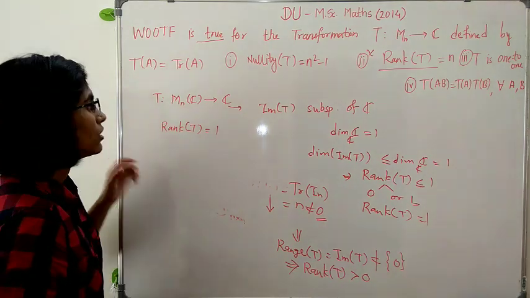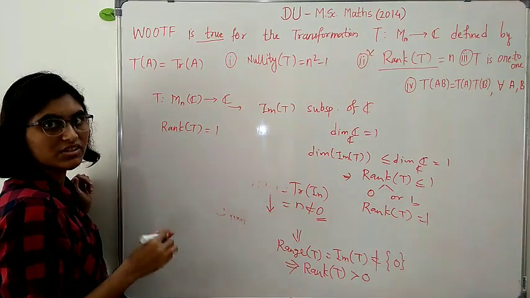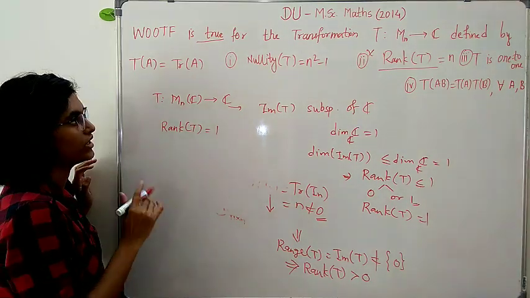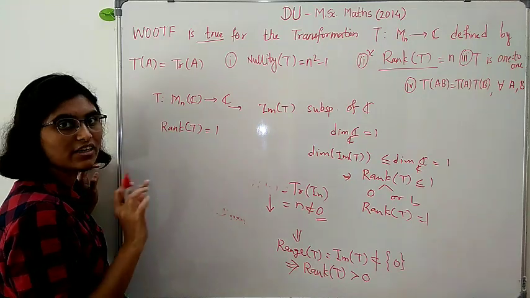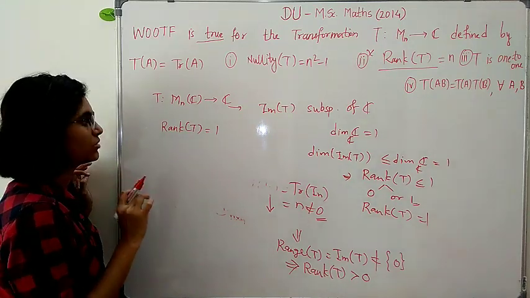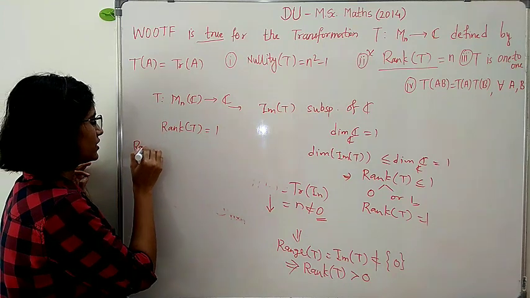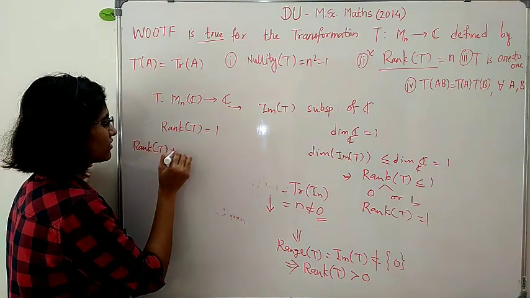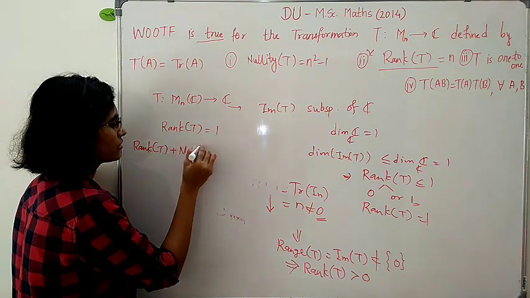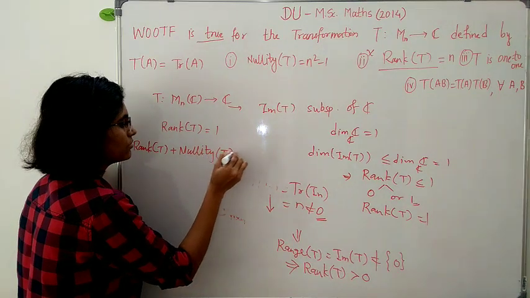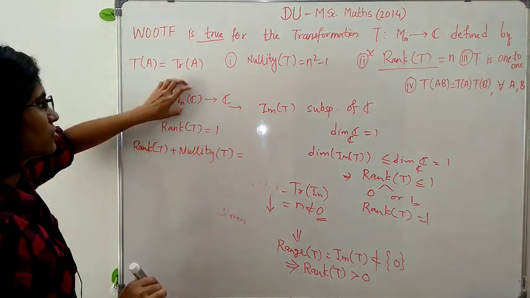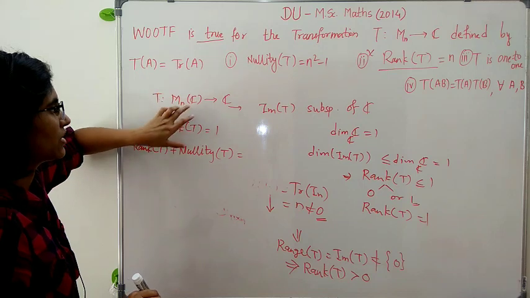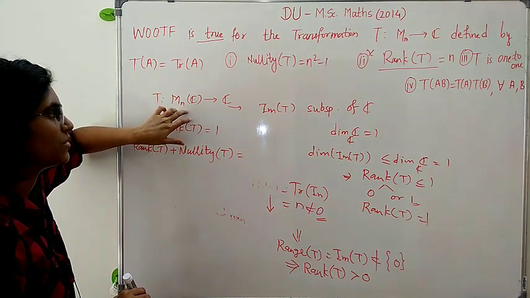Now use the rank nullity theorem. This is very important whenever you are working with linear transformations, so you should remember this. The rank of T plus nullity of T is equal to the dimension of the domain space. What is the dimension of this Mn(C)?